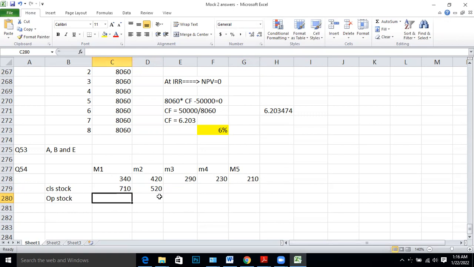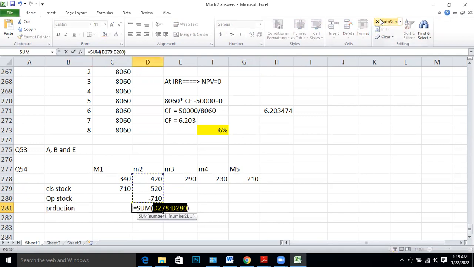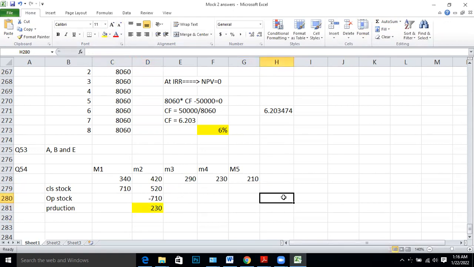Month 1 closing is the opening for the next month, right? So I can subtract this figure. Month 1 closing is the opening for month 2. So production is 230. Look at that carefully. Sales is 420, but stock variations bring down your production, and 230 is the right answer.